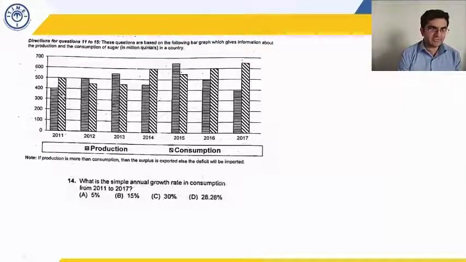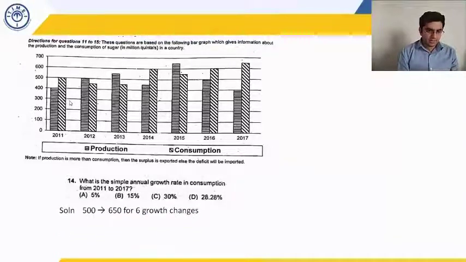There's an increment of 150 in 2017 when compared to 2011. So 150 upon 500 into 100 is 30%. So the total growth rate from 500 to 650 is 30%, but you want the annual growth rate.